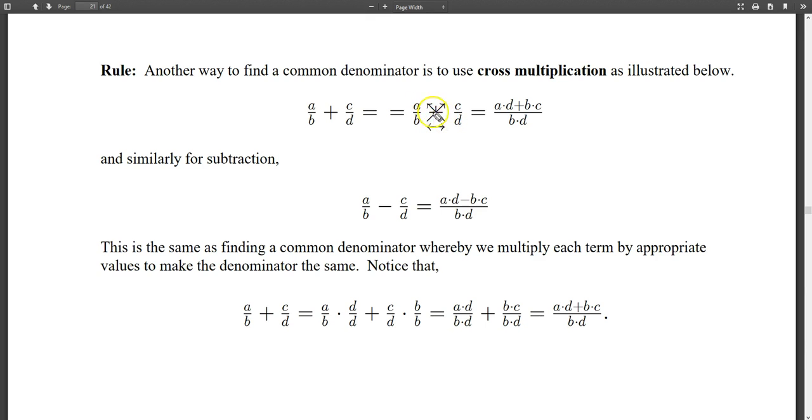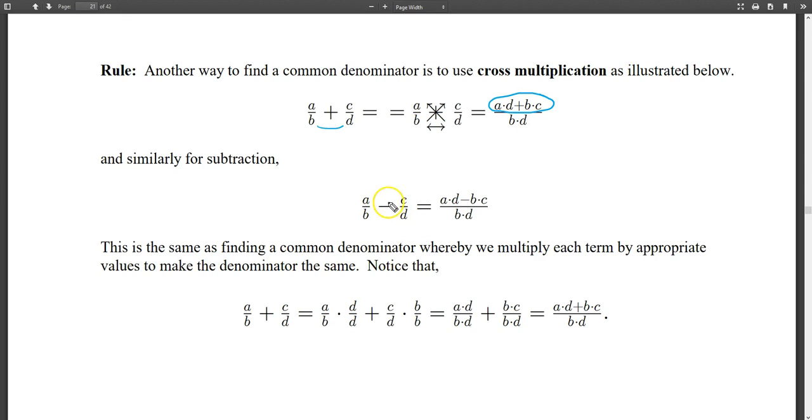You multiply the a and the d, and you multiply the b and the c, and then you add them, so right here they are, a times d plus b times c, and then divide all of that by the product of the denominators, b times d. And so that's called cross-multiplying.